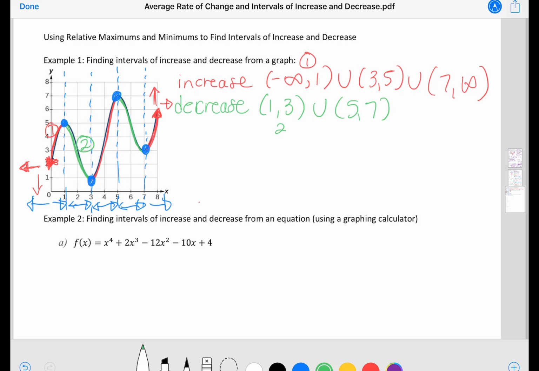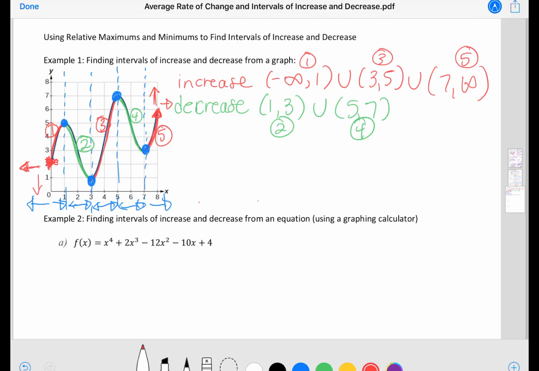This is interval 2. That way, if you go back and look at your notes, you'll be able to see where you're getting these intervals from. This is interval 3, which would be from 3 to 5. That's this one here. And then this is interval 4. And this last interval here would be 5.